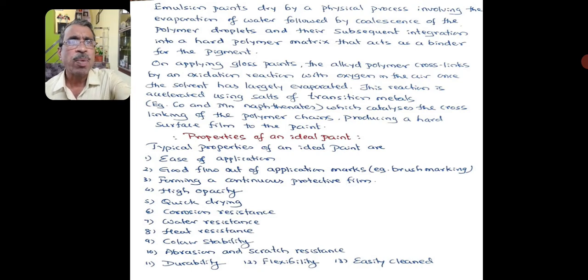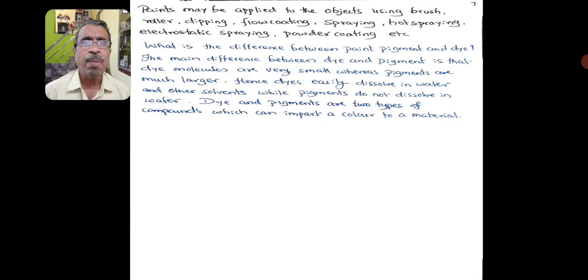These are the properties of an ideal paint. Paints may be applied to objects using brush, rollers, dipping, flow coating, spraying, hot spraying, electrostatic spraying, powder coating, etc.